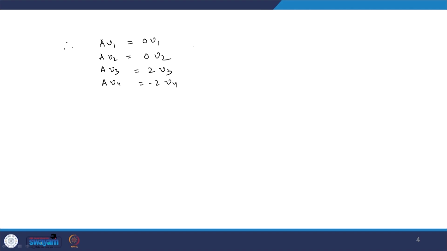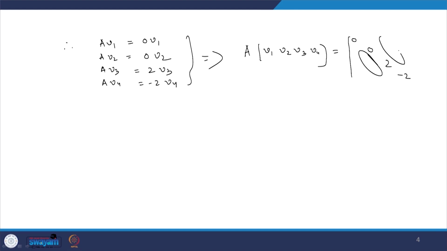This implies that I can write A times the matrix with columns V1, V2, V3 and V4 equal to the diagonal matrix with entries 0, 0, 2 and minus 2 into the matrix V1, V2, V3, V4.